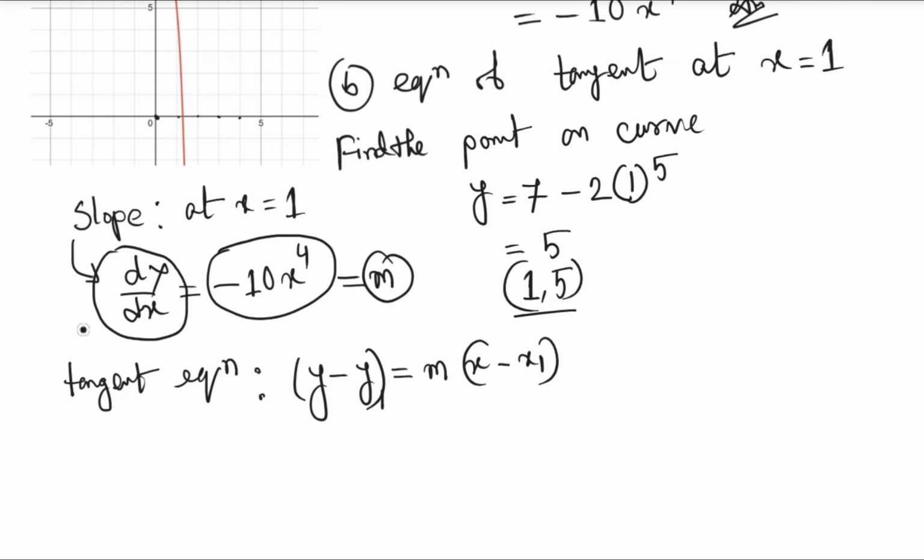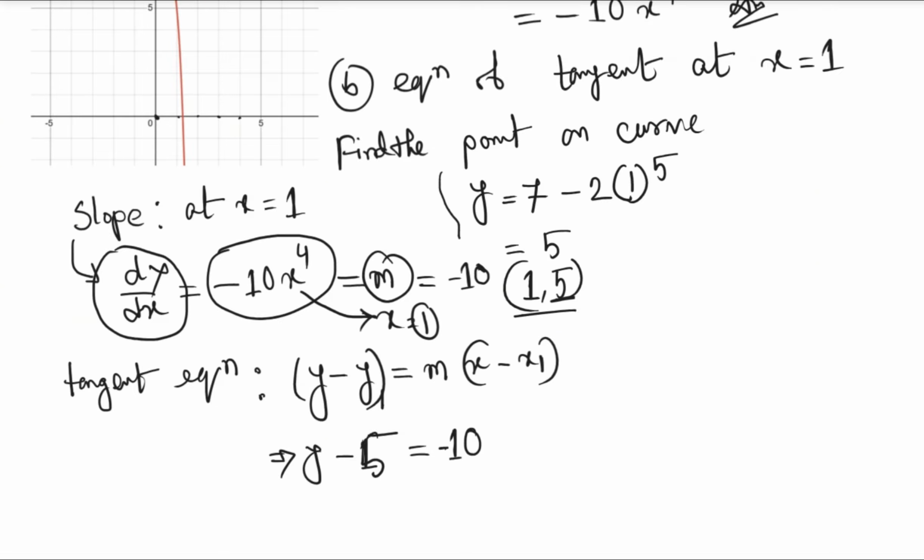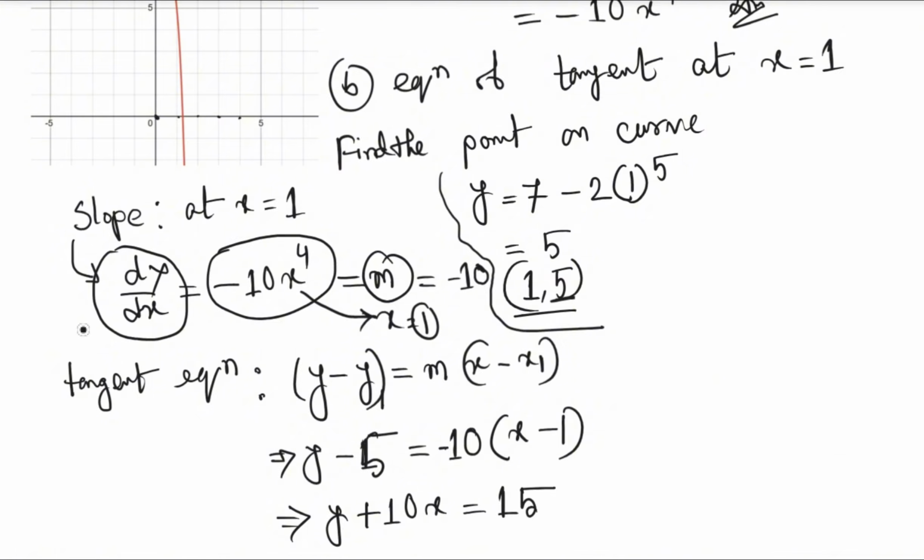Let's plug in the values. The value of y1 is 5, and the value of m is minus 10, because when we plug in x equals 1 into the derivative, it becomes minus 10. And x1 equals 1. If we simplify the equation, we have y plus 10x equals 15. So this is the answer of part B.